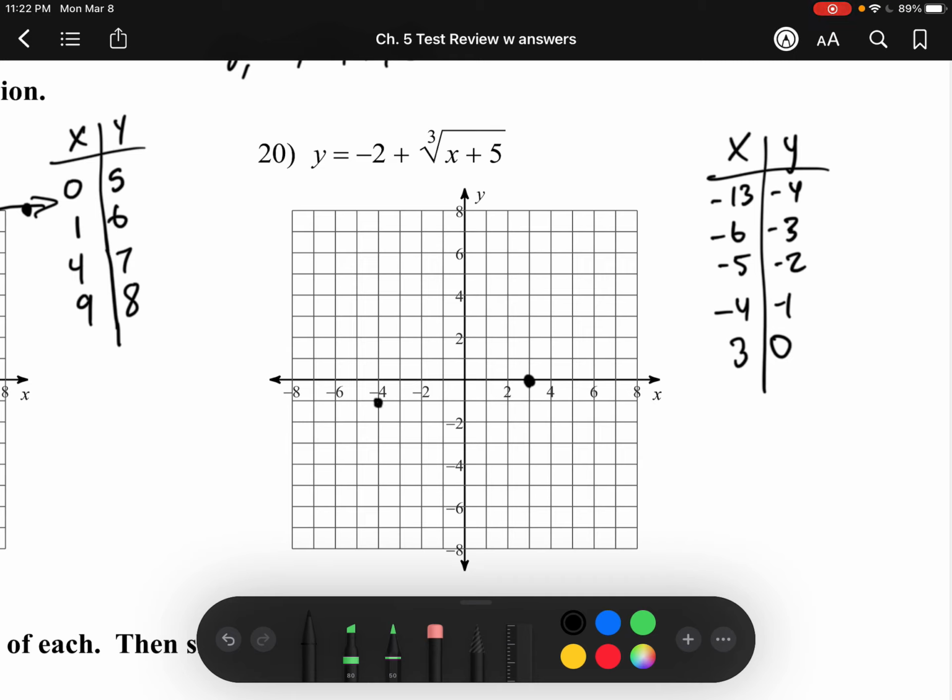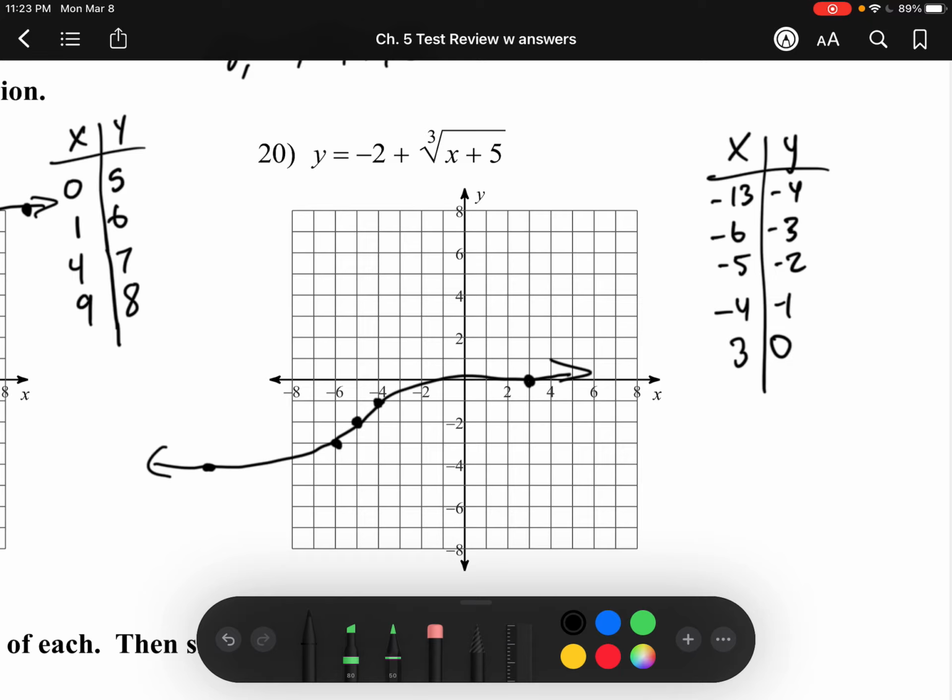The next point after that is -5, -2, which is right here. The next point, -6, -3, which is right here. And then the final point would be -13, -4. -13 is going to be somewhere around here, something like that, right? So then we just connect the dots.